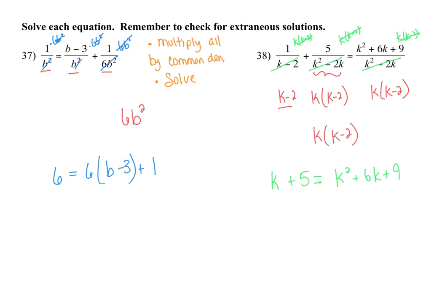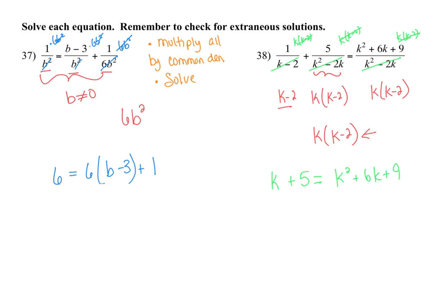And again, I have something to solve here. Whether it be a quadratic that I'm going to set equal to 0 and factor, or a really basic one where I just solve for the variable. So like for this one, I can go ahead and look at this and say b cannot be equal to 0. So as long as I get something not equal to 0 as my answer, I'm good to go.